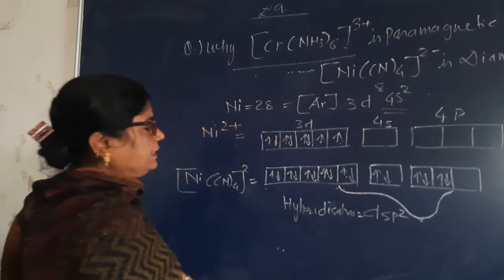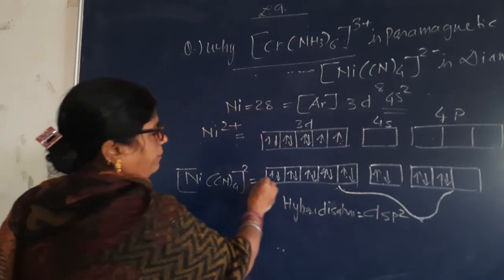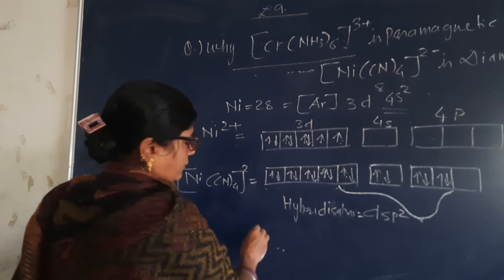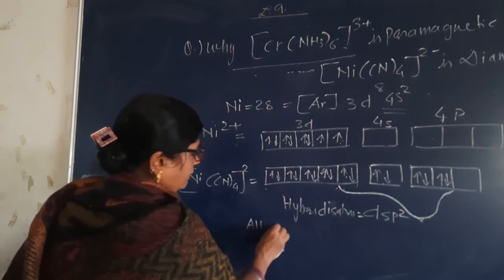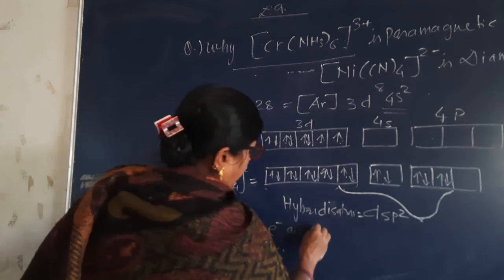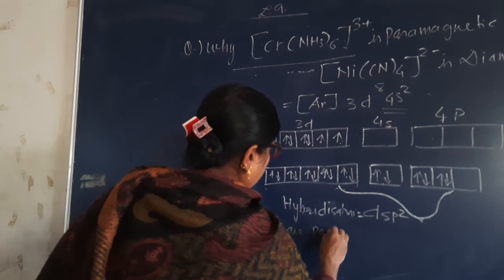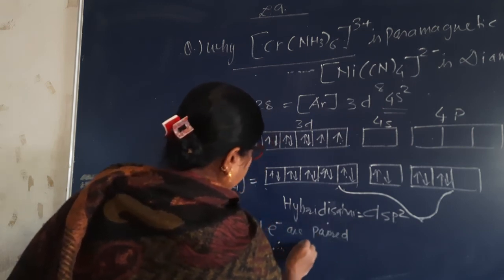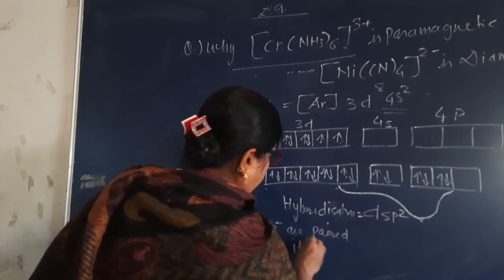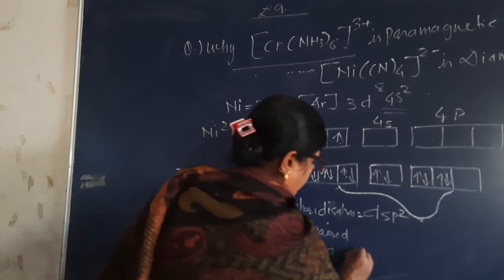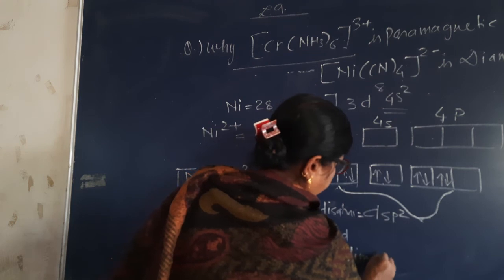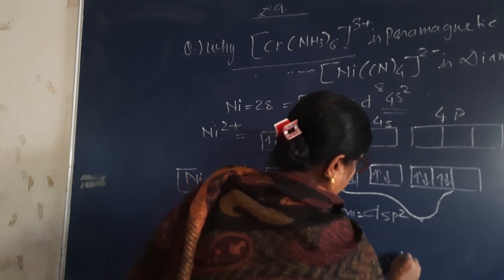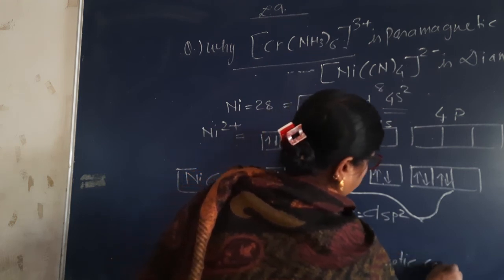Now what we see, children, no unpaired electrons we are getting here. All electrons are paired. Therefore, it is a diamagnetic compound.